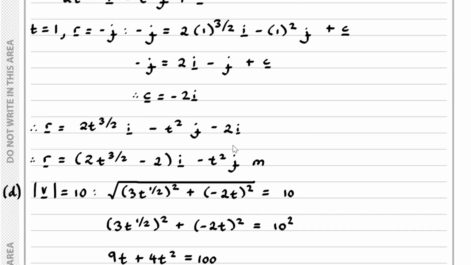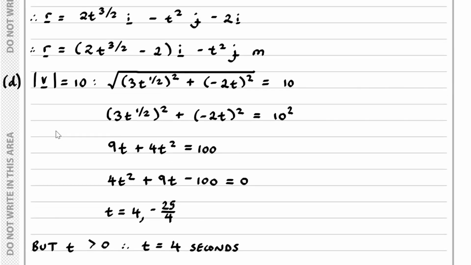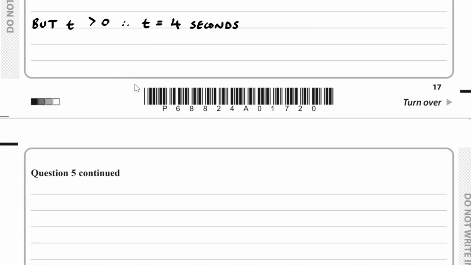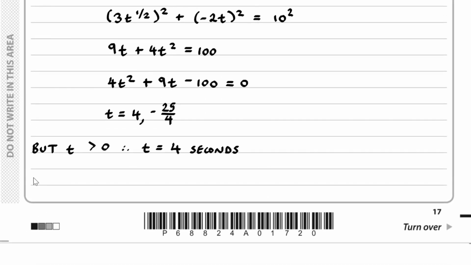Before we find the exact distance, we can use what we found here to find the position vector. So, with t equaling 4, r is equal to 2 lots of 4 to the power of 3 over 2 minus 2 in the i direction, and in the j direction we've got minus 4 squared.